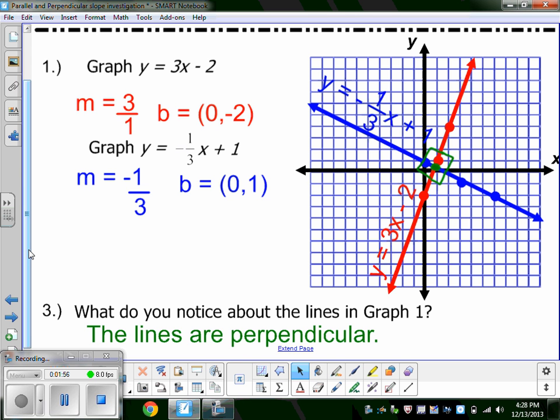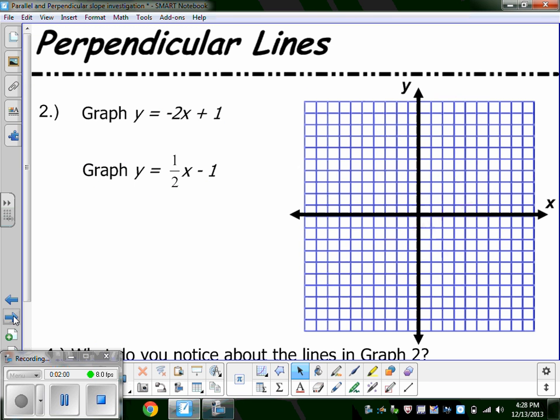Let's take a look at our second set of linear equations. We are given the two equations, y equals negative 2x plus 1 and y equals 1/2 x minus 1. Just like before, please take a moment, pause the video, and graph these two equations.